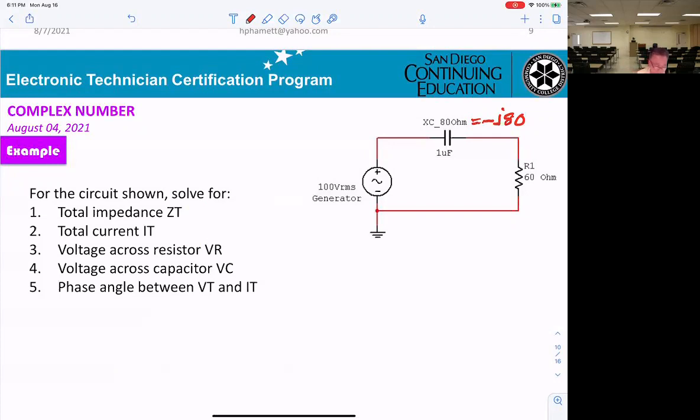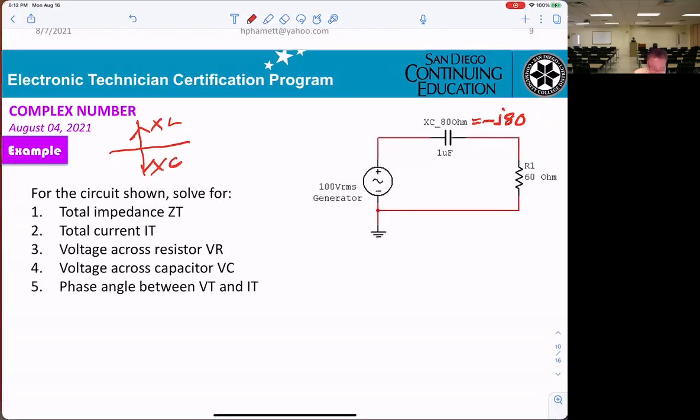We already know in the theory, this is XL, and this will be XC. So in order to solve it using complex numbers, change XC to minus J. So now, you go ahead and calculate Z total.